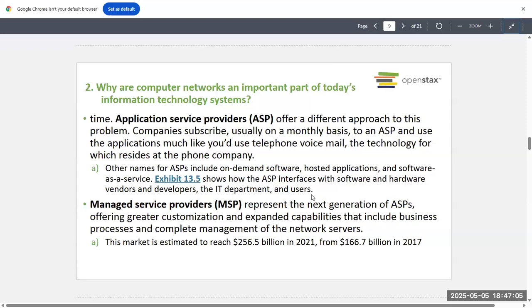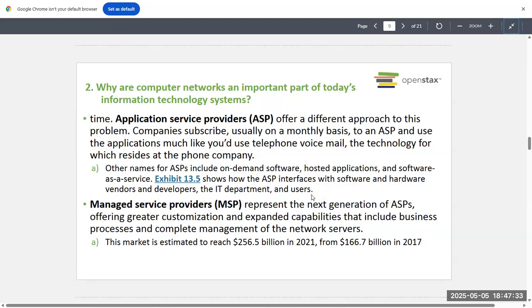Application service providers provide companies with access to software applications over networks, usually the internet, through a subscription model. So instead of buying, installing, and maintaining software on individual machines, you buy a subscription for the entire organization or for a certain number of users.